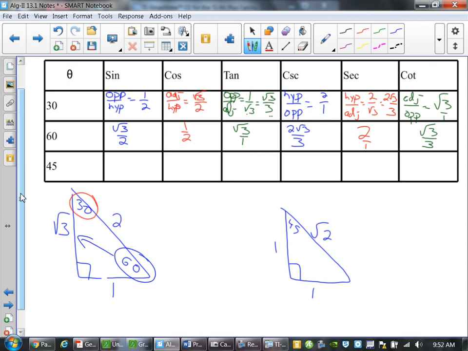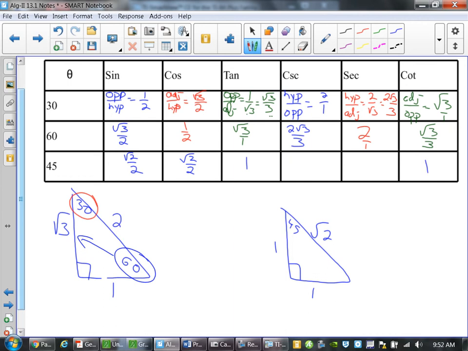Okay. The easy one, 45s. What's the sine of 45? Root 2 over 2. Convenient. What's the cosine? Root 2 over 2. What's the tangent? What's the cotangent? I just said it out of order to see if you guys were paying attention. It's going to be 1.